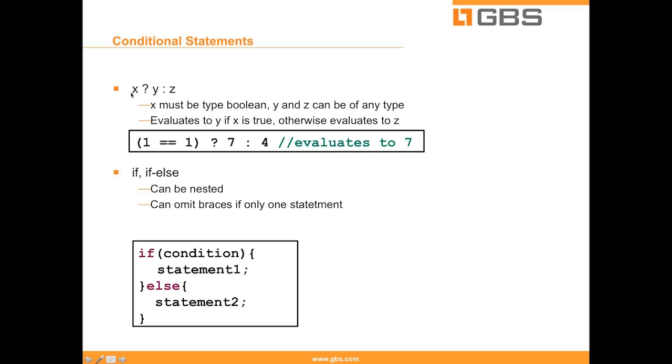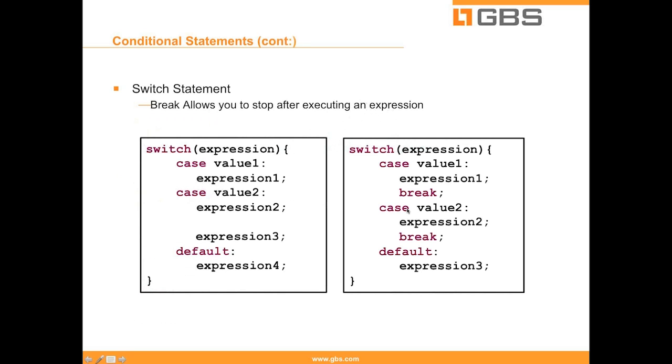Basically, x has to be a Boolean, y and z can be of any type. It evaluates to y if x is true, otherwise it evaluates to z. I always have to try to figure out what that's doing when I can have an if condition statement. They can be nested, so I can have if else. I typically use these because for me they're just easier to read, but if you remember that logic, you can do this as well.